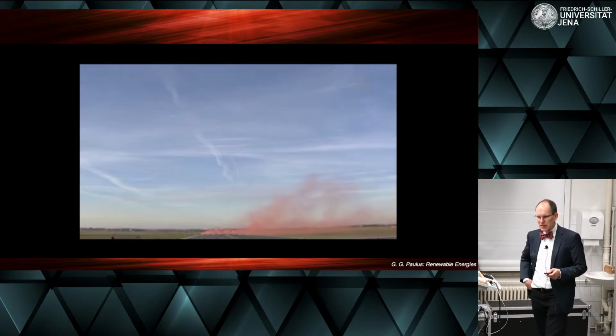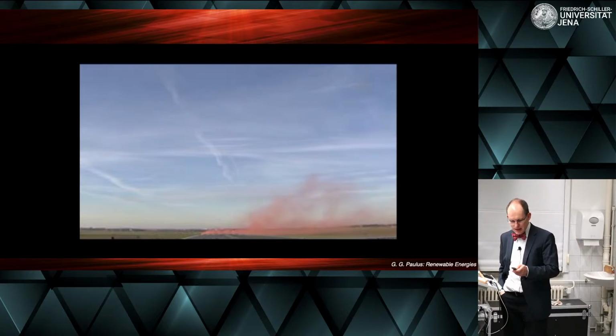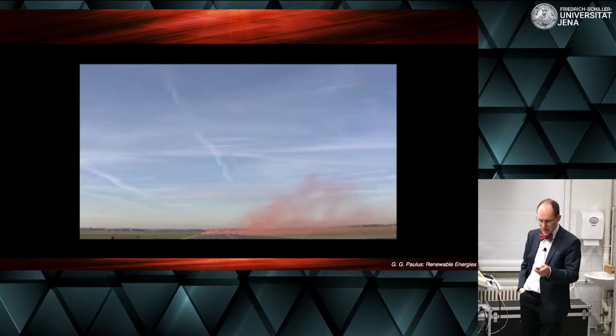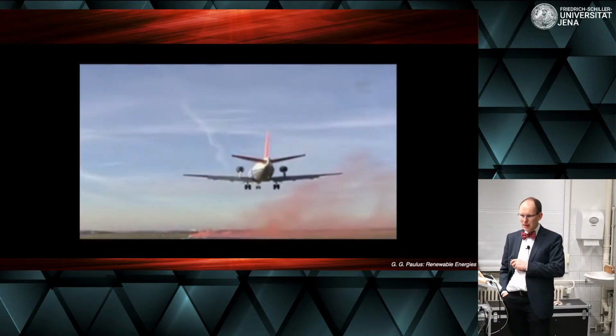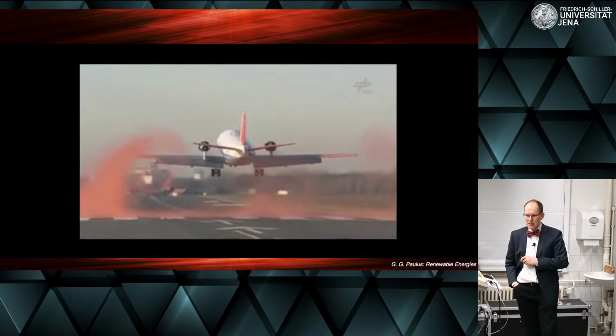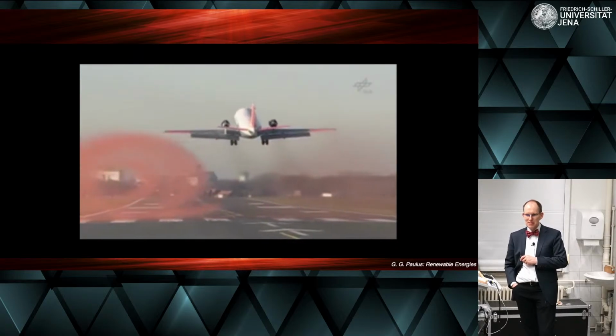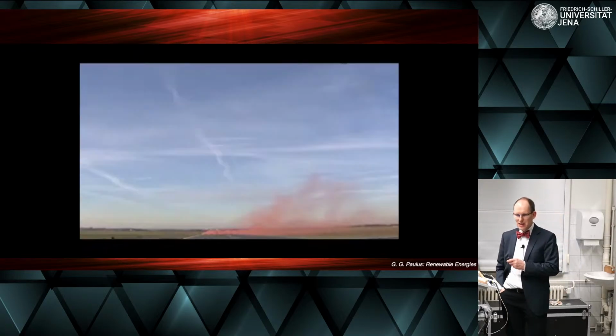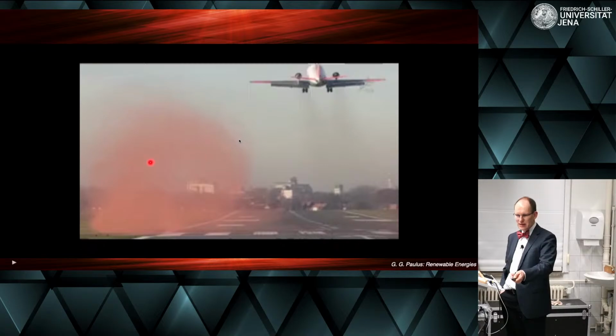So this is a short video. What they did was to place some colored smoke on the runway of an airport or a test runway, I don't know, right? And now you see a commercial airplane comes, goes through this smoke, and you nicely see these vortices, right?